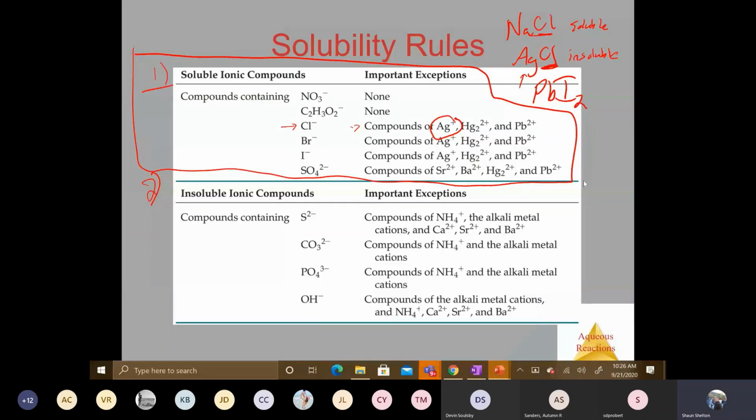Iodine. Good. So we look at the iodine, and we find iodine in group one. That means that iodine is soluble. Now we go look at the exceptions.